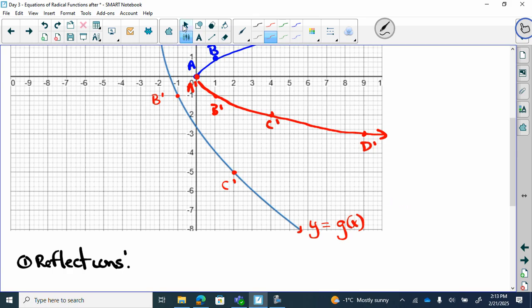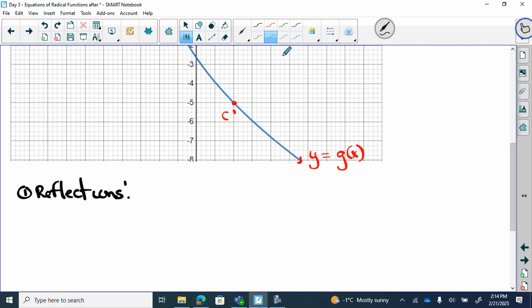So I will back that off, get rid of those points, and I will say reflection in x-axis. What does that say about the parameter a? a is negative, Kate. Great. a is less than 0.